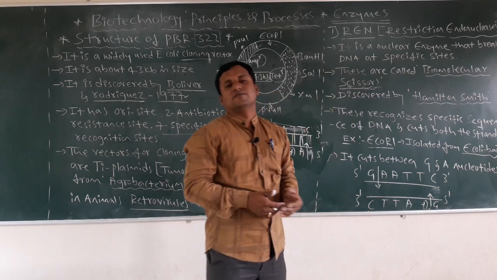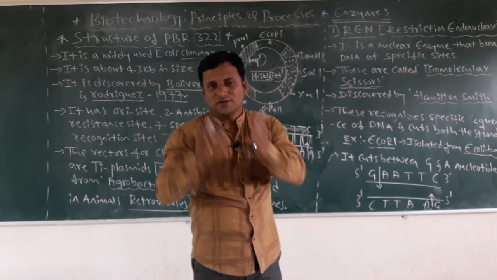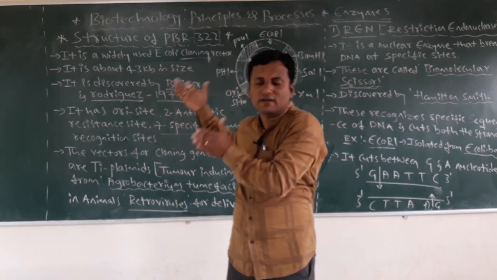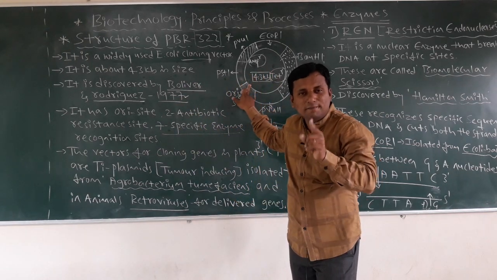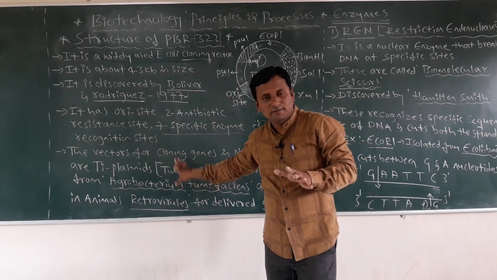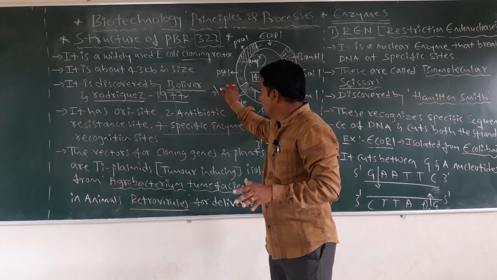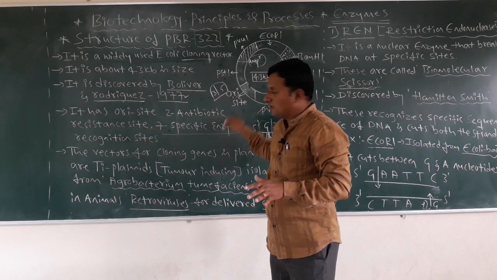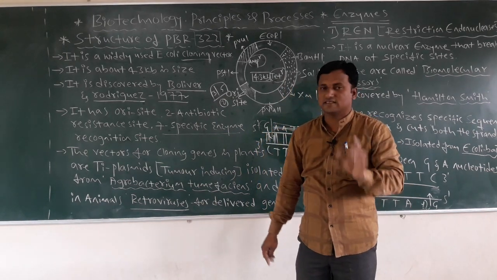In the next class, we will discuss DNA ligase enzymes. The important concept in today's class is the structure of pBR322 along with explanation. Remember this one, it may be asked as a 3 marks or 5 marks question, or only the diagram will be 2 marks. This is the way they ask.